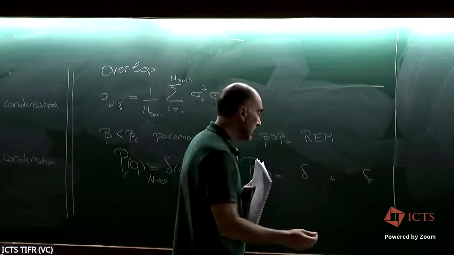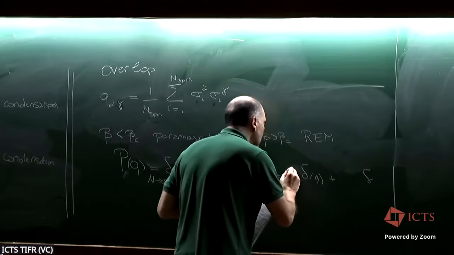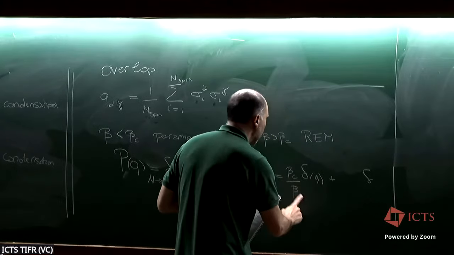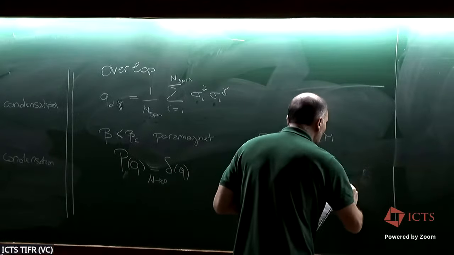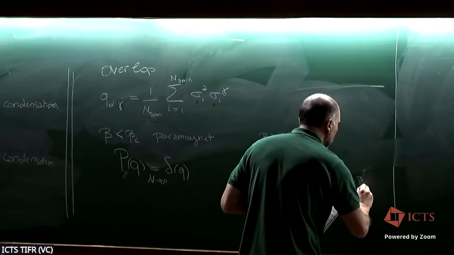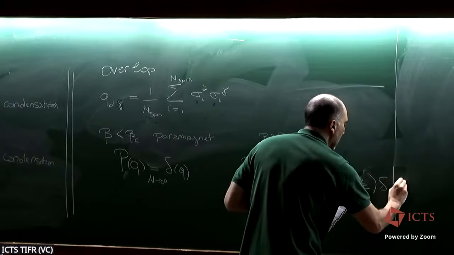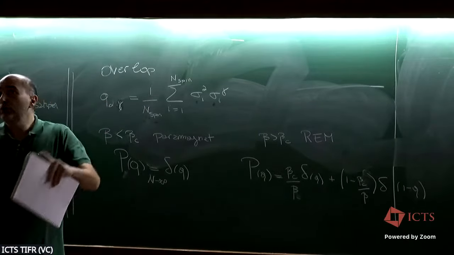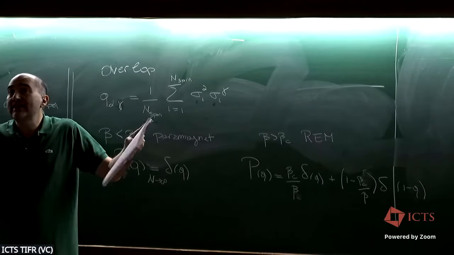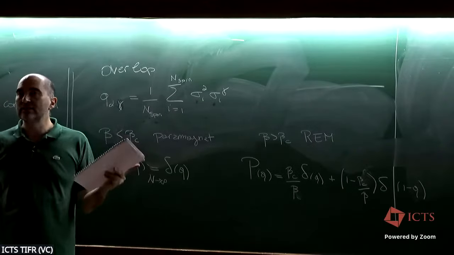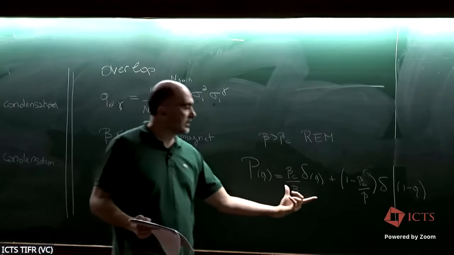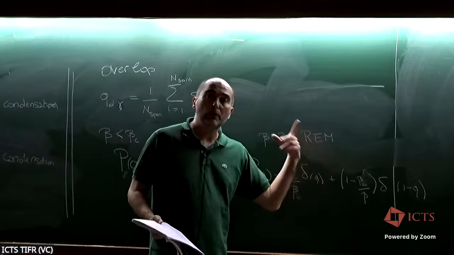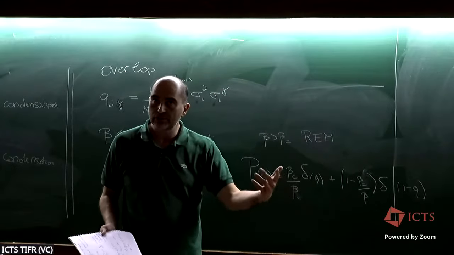For the REM, it is delta of Q at 0 with weight beta c over beta. And here you have 1 minus beta c over beta, delta of 1 minus Q. So in the REM, you have only 2 possibilities. Either you pick 2 different configurations, because in any case it is an uncorrelated model, so there is no particular structure. So in this case, they are completely different. Or there is a finite probability to pick the same configuration, okay?